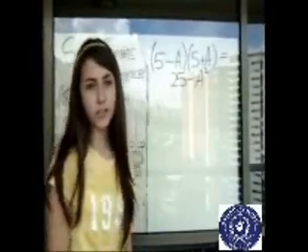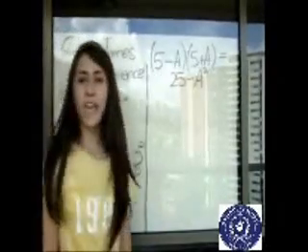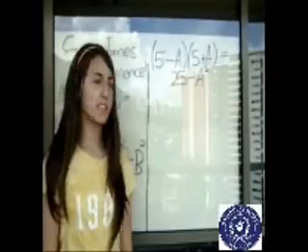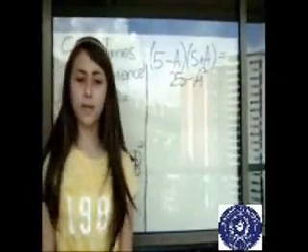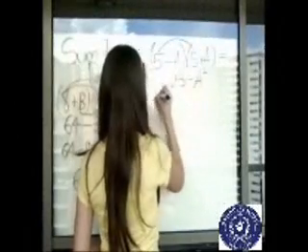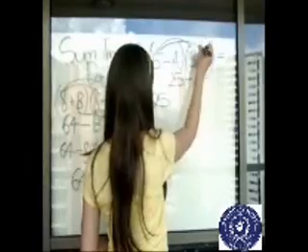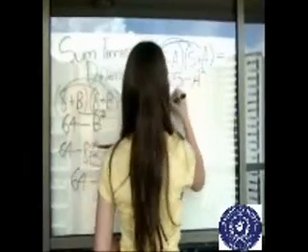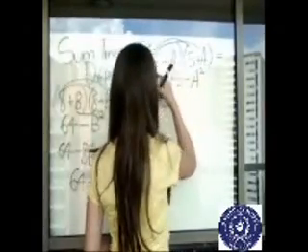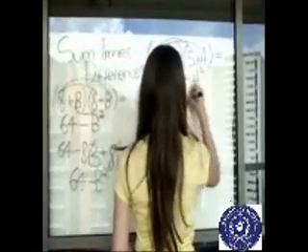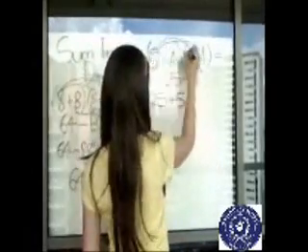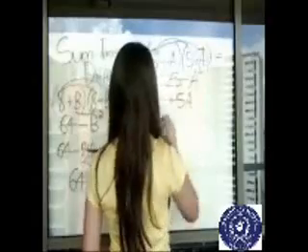Okay, now we are going to prove why 5 minus A and 5 plus A is going to be 25 minus A squared. Okay, 5 times 5 is going to be 25 positive. 5 times A is going to be positive 5A, because both are positive.